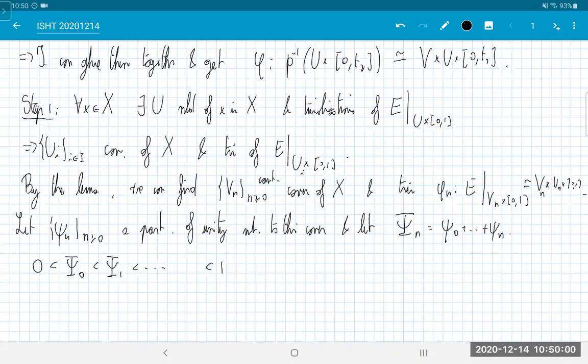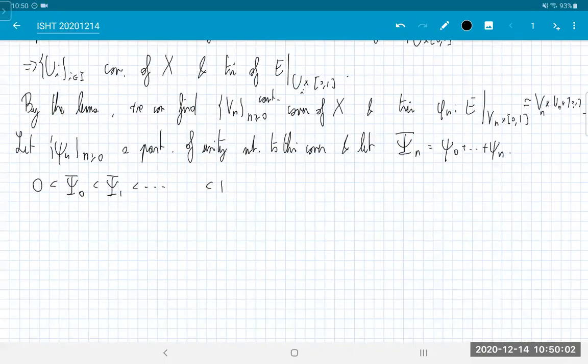Okay. Now, here we have this. So what do we want? Remember, we want an isomorphism from E prime times [0, 1], and this is going to be an isomorphism over X times [0, 1]. So it's mandated what it's going to do on the second component.